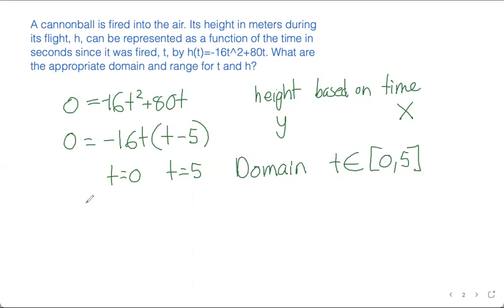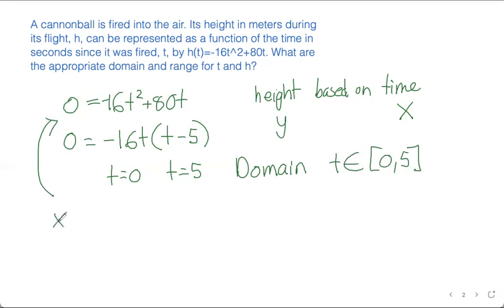As far as the range, now we're talking about the height. What are all of the heights that are possible? Well, clearly the lowest the height can be is 0. What's the highest that the height can be? Oh, well, now we actually do need to find the maximum. So I'm going to go back here. We know now how to find the maximum.